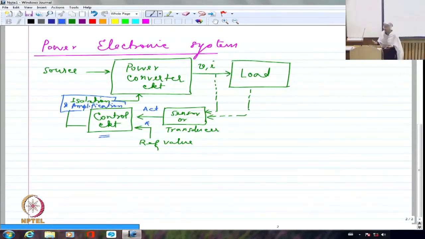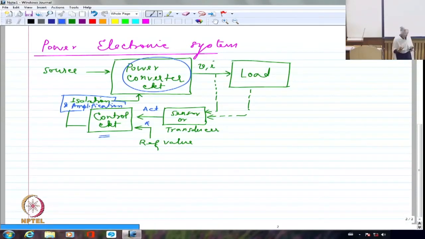We are going to mainly concentrate on this portion. But as a power electronic engineer, I need to know some amount of sensor and transducer working. If I don't know, I can't deal with power electronic circuit. I have to know how to isolate and how to amplify. If I don't know, I cannot again design a power electronic circuit. So I need to know some amount of analog electronics.